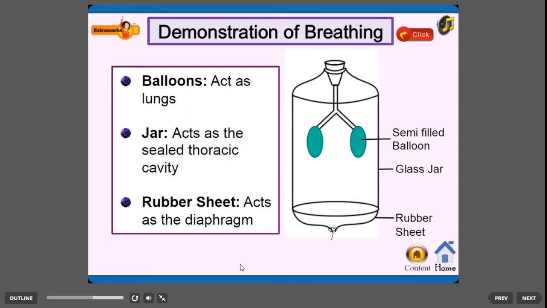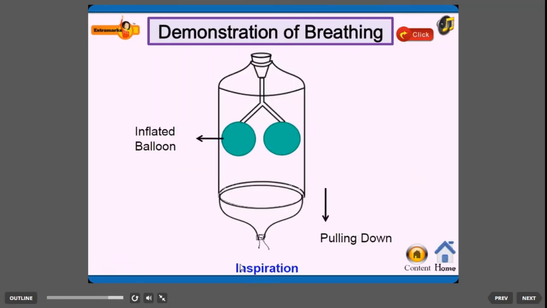On pulling down the rubber sheet, the pressure of air in the glass jar drops, which draws air from outside to fill the balloons, analogous to what happens in inhalation.